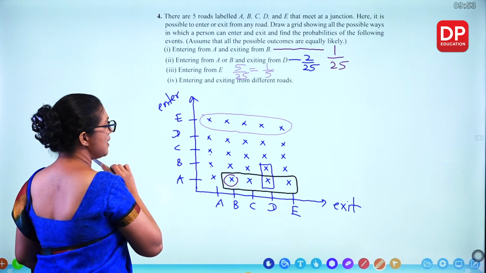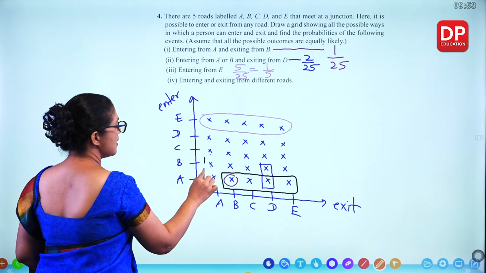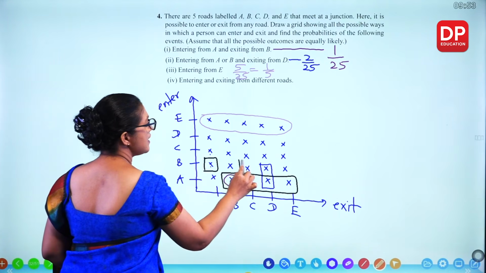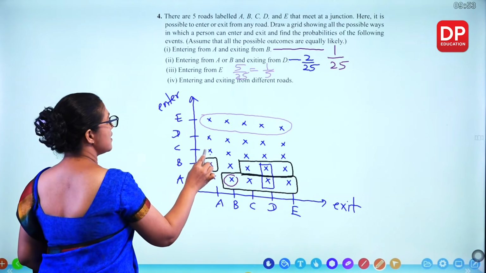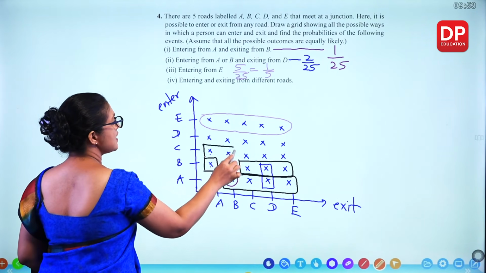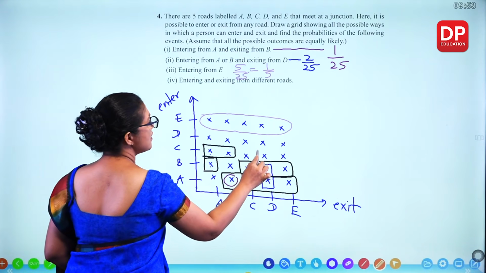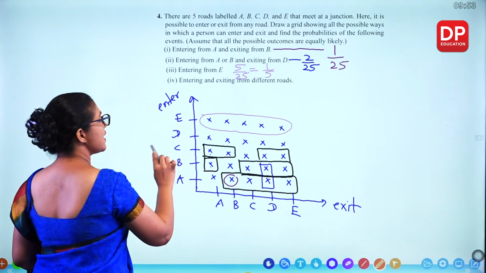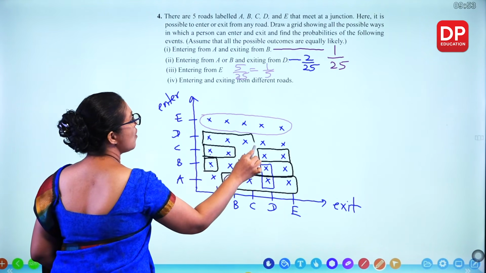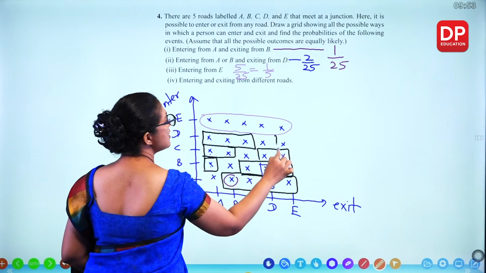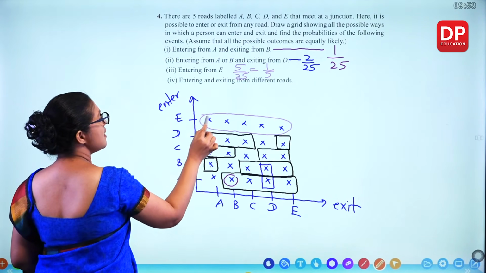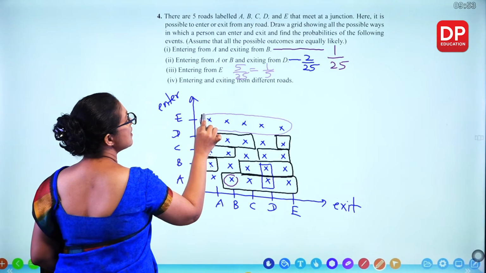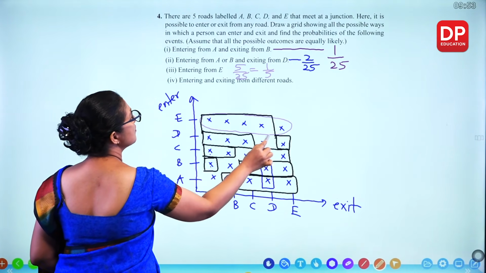If you enter with B, you can't take B, so you can take A and the other ones. When you take C, you can take these 2, but not this one. When you take D, you can take all but not D. E means you can take up to here.